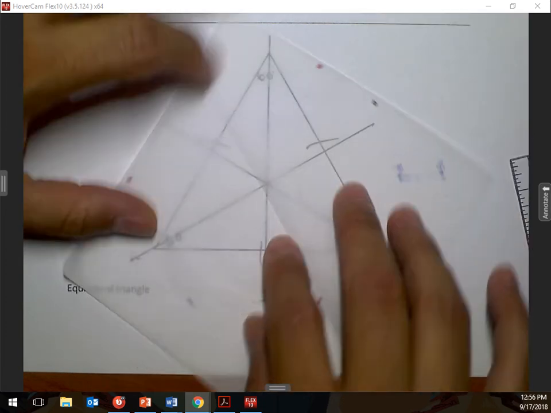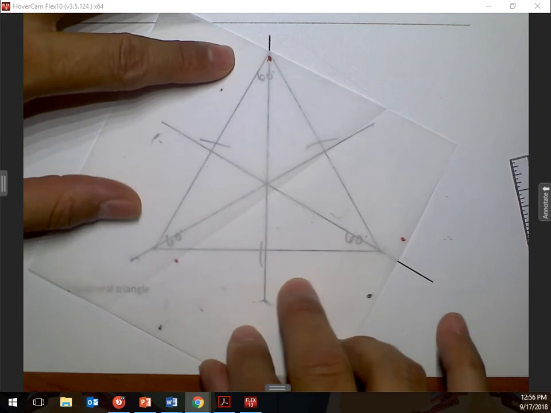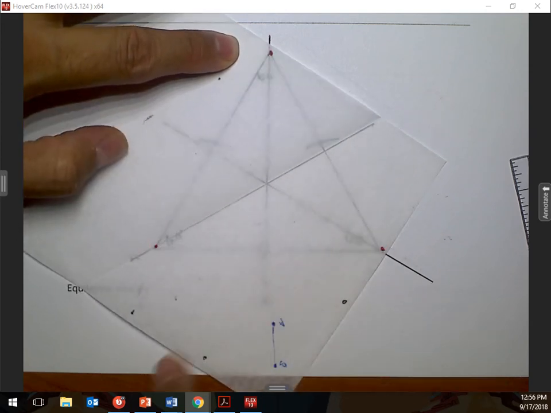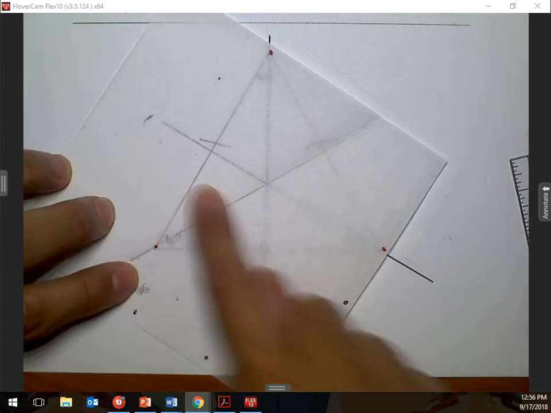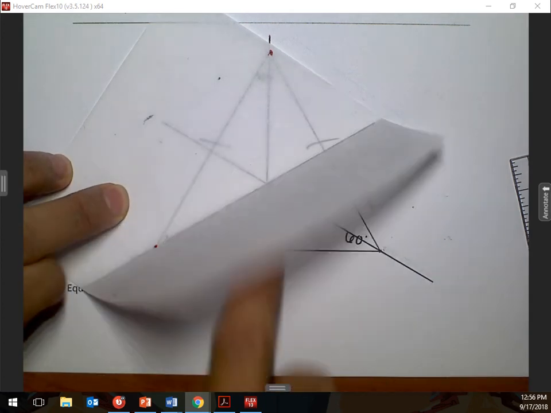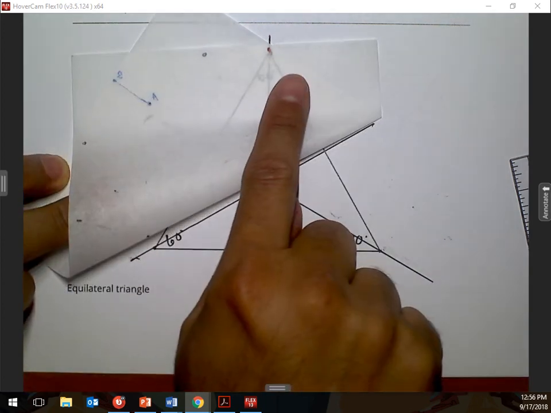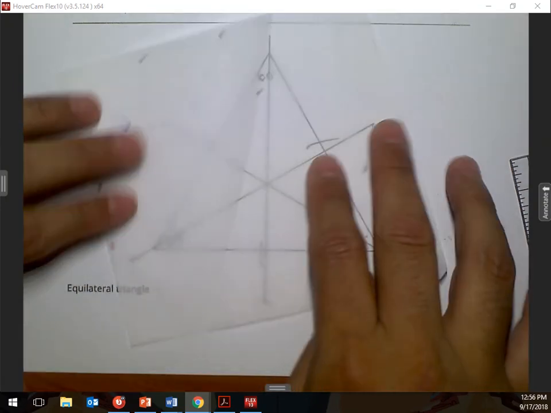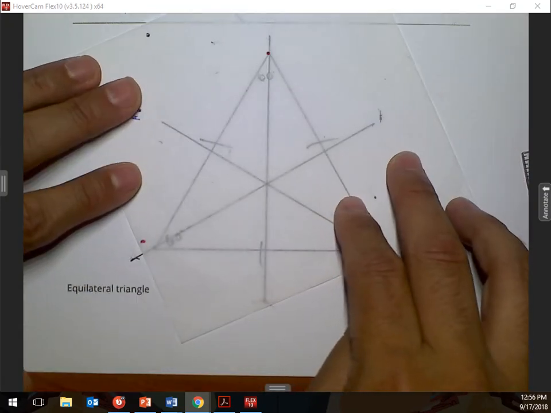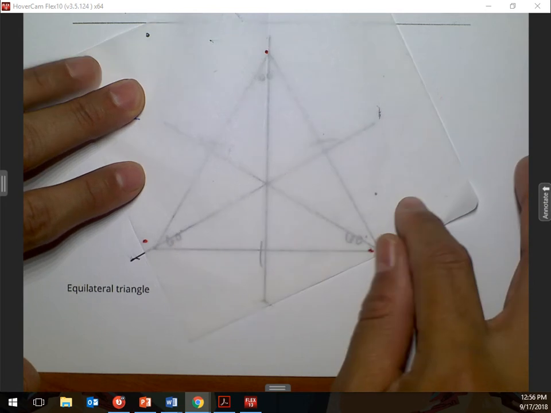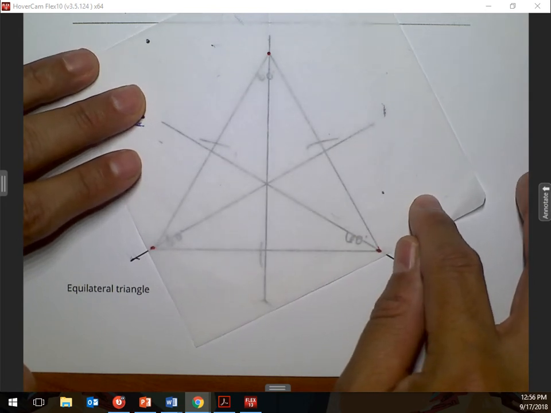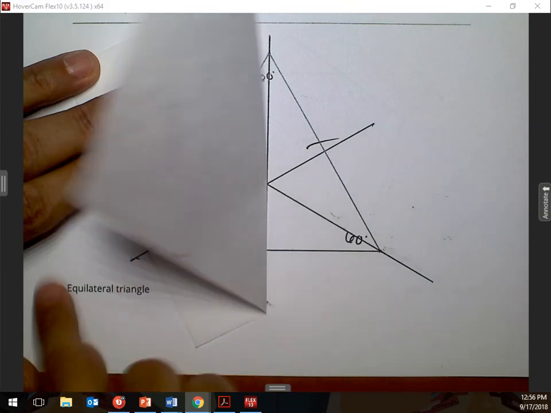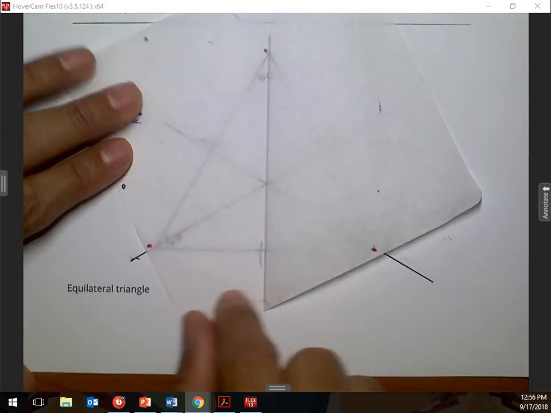I could also turn it and do the same thing going this way. That's rotation. If I put this one here, I could fold it this way. There's my line of symmetry. And then I could do it again right here. Fold it this way to put this on top of that. So there are my 3 lines of symmetry for this one.